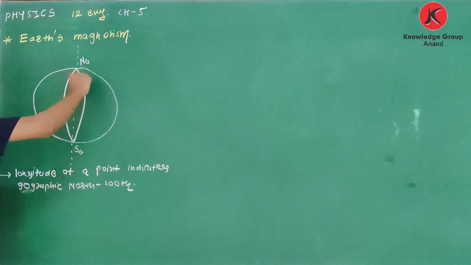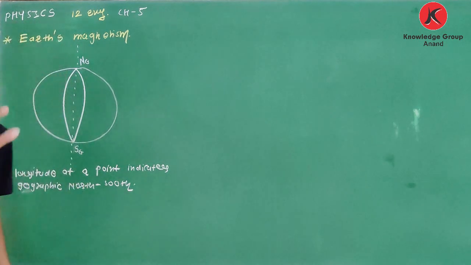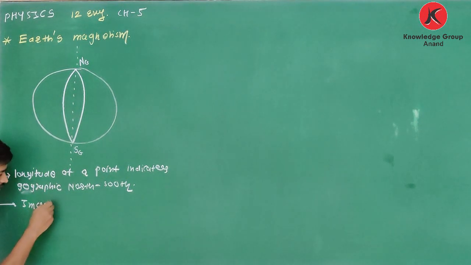So one imaginary plane passing through the geographic axis, or through geographic north and geographic south, is called the geographic meridian.